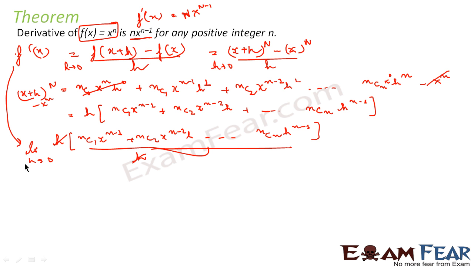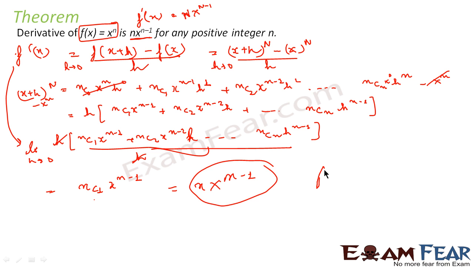And we say limit h tends to 0. Now we will put h equal to 0. What will happen? All the terms which have h multiplied will become 0. So this will be equal to nC1 into x to the power n minus 1. nC1 is nothing but n. This is nothing but n x to the power n minus 1.